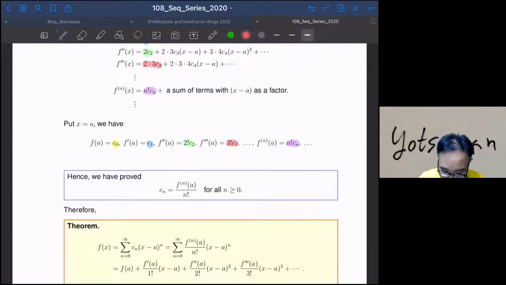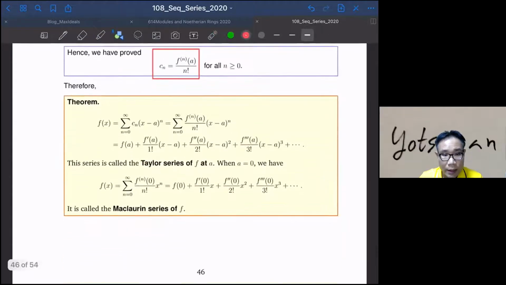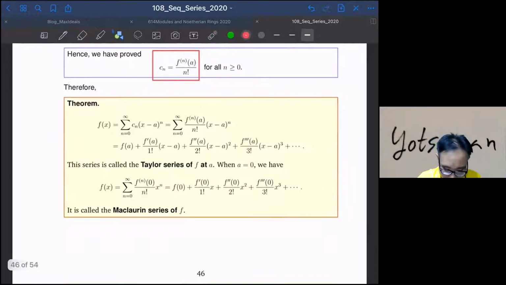Let me box this. This is the formula for c_n, and it's going to be plugged into the power series here.